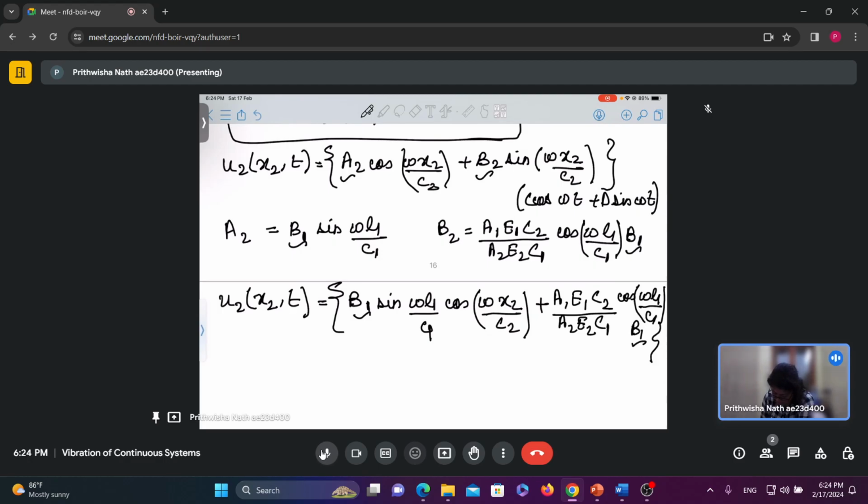And the last part is also left: C cos omega t plus D sin omega t.